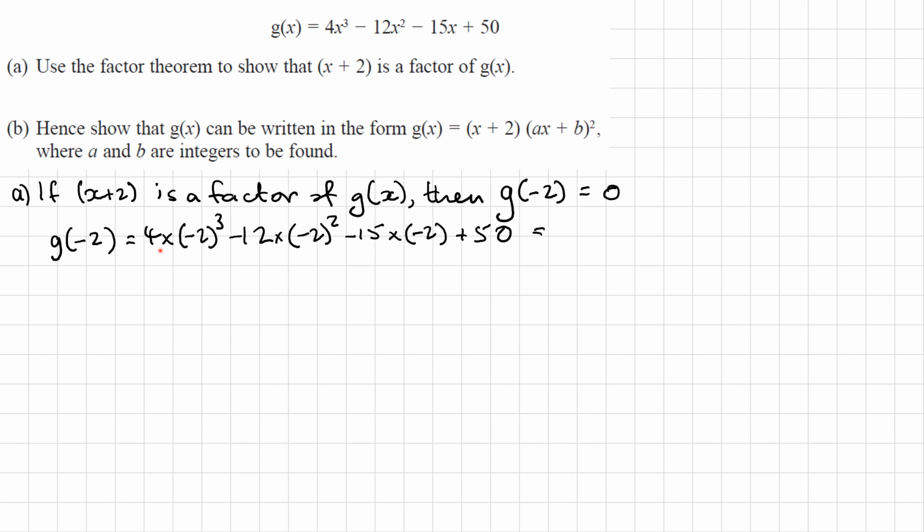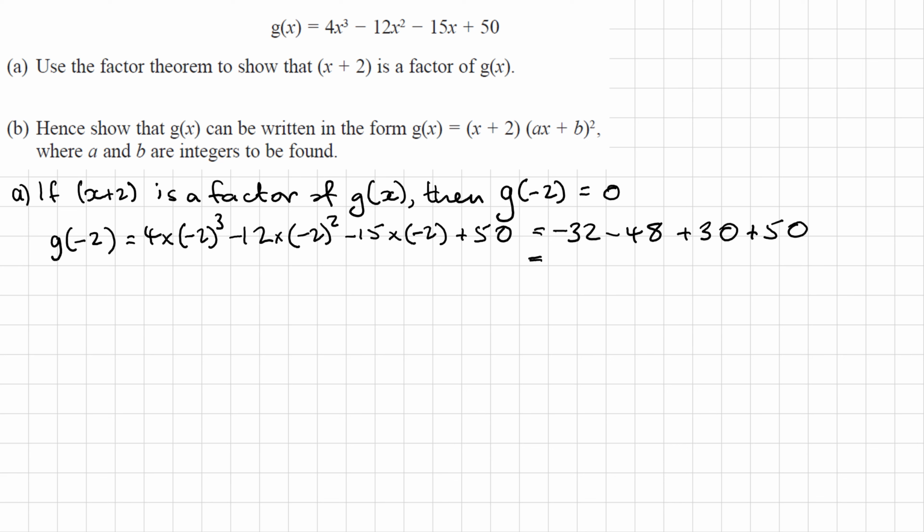So 4 times negative 8, that's negative 2 cubed, will be minus 32. Then negative 2 squared is 4, so negative 12 times 4 is negative 48. And then negative 15 times negative 2, that's plus 30, and then plus 50.